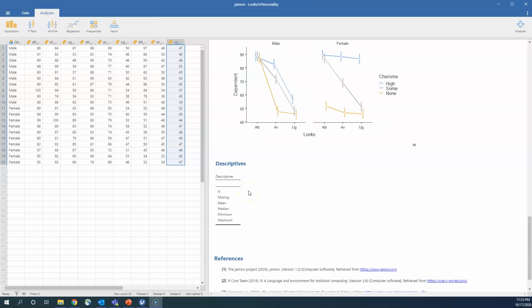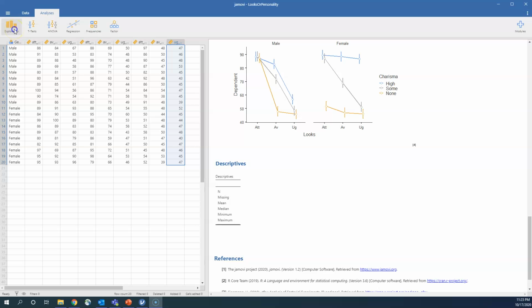Now, the other thing that we're going to need here is an estimate of all the means and standard deviations of all the different conditions that exist in this data set, because we need to create a table to reference our readers to be able to consult.